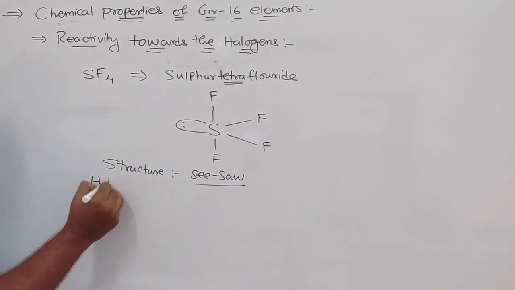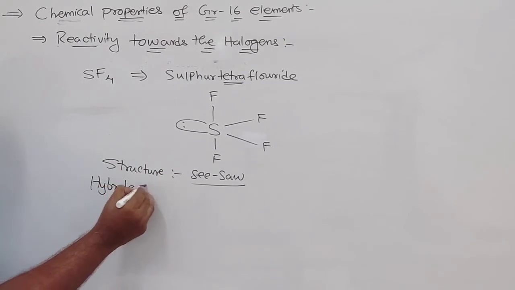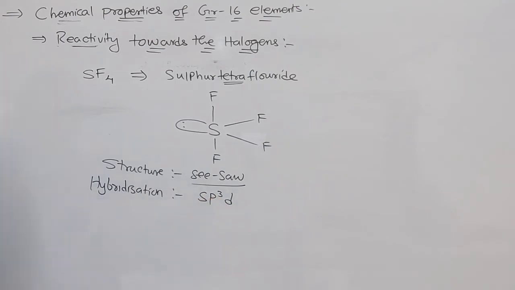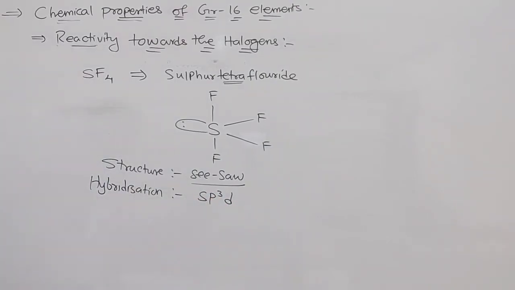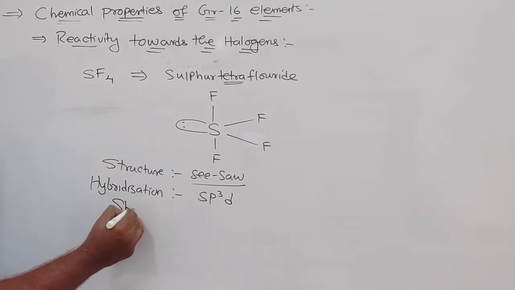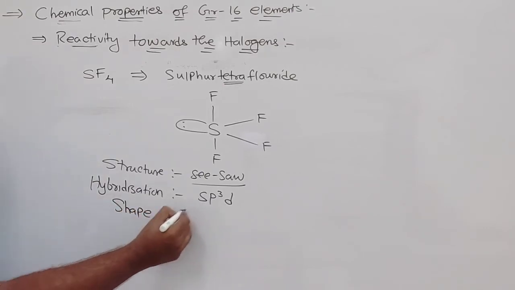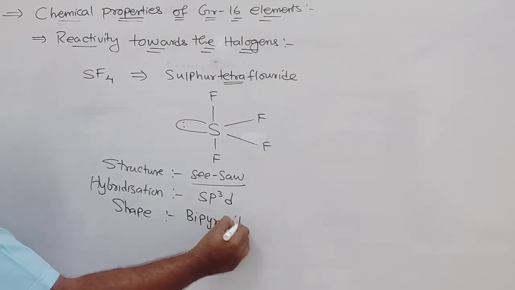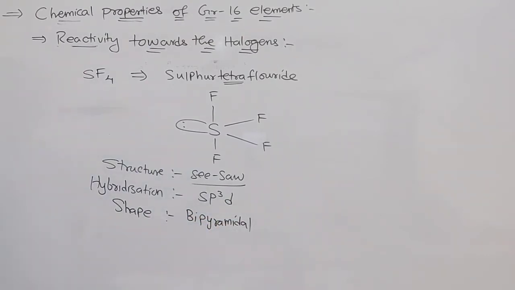Hybridization, it is sp3d. What is the hybridization? It is sp3d hybrid. And if a question is asked, what is the shape? You can write bipyramidal. Understood? So bipyramidal is the shape given there.